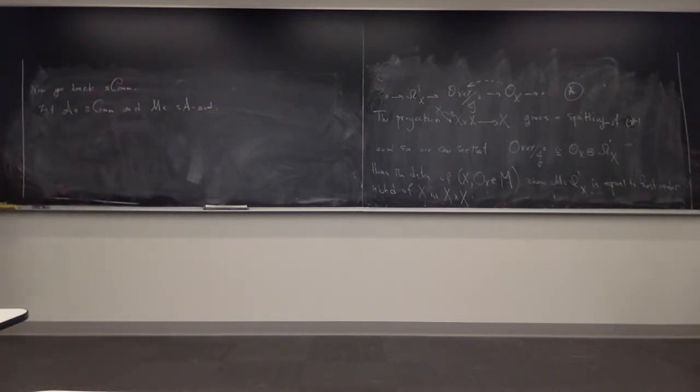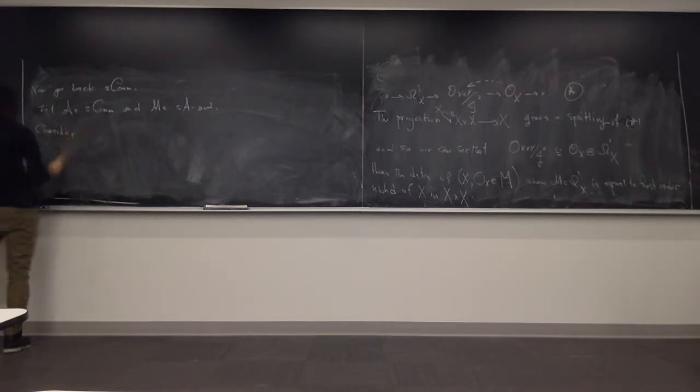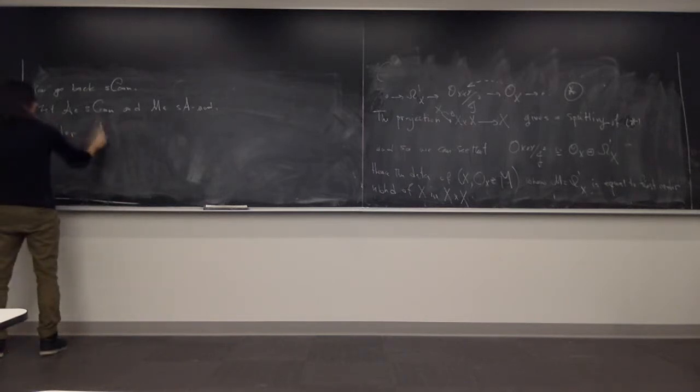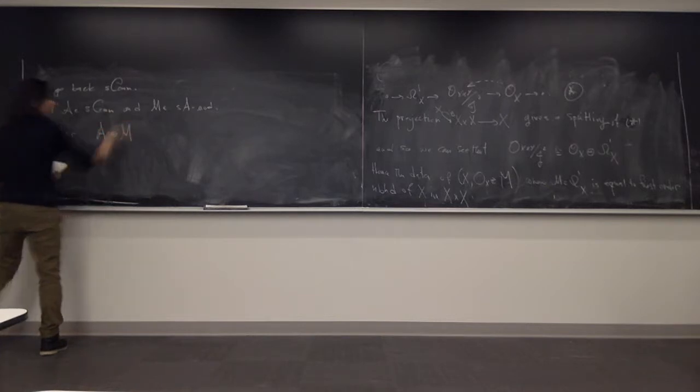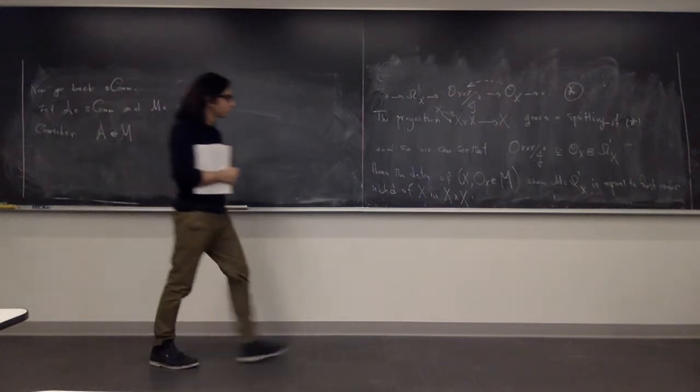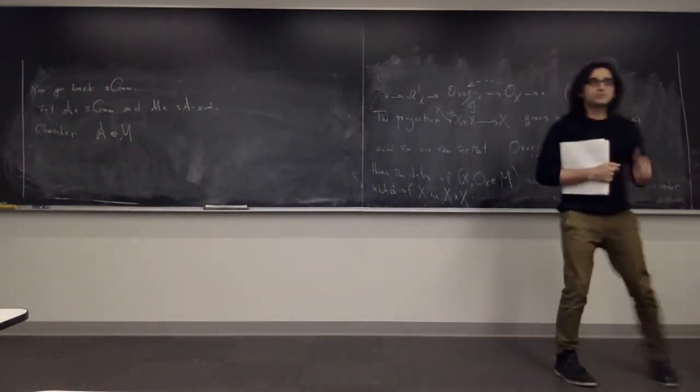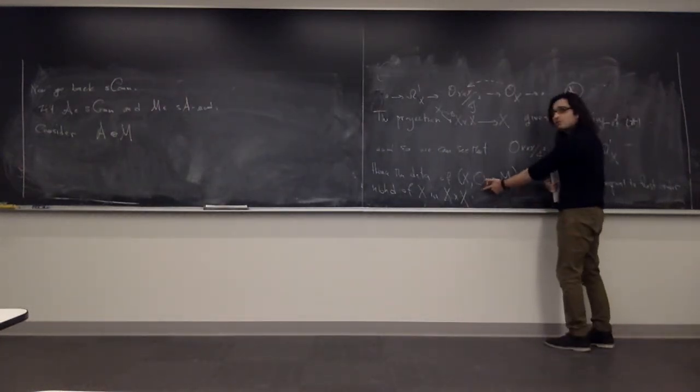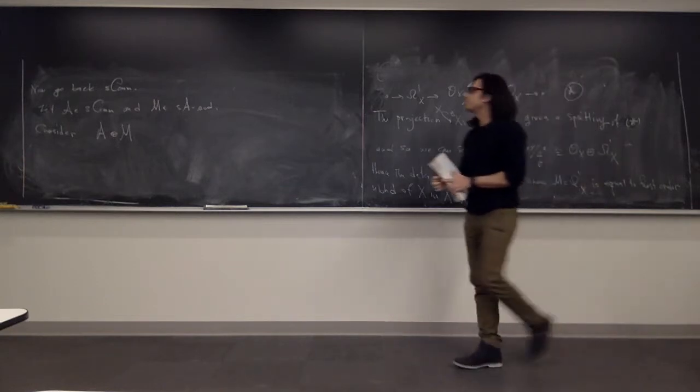Okay. Consider the simplicial ring A direct sum M. A for you is going to be the module that represents O of X. Okay.